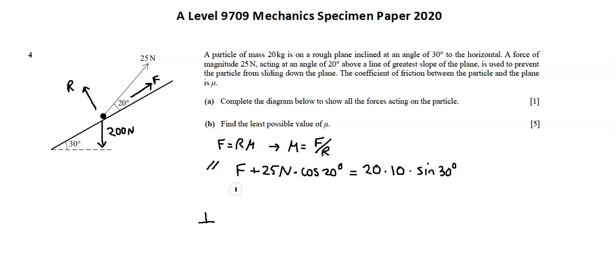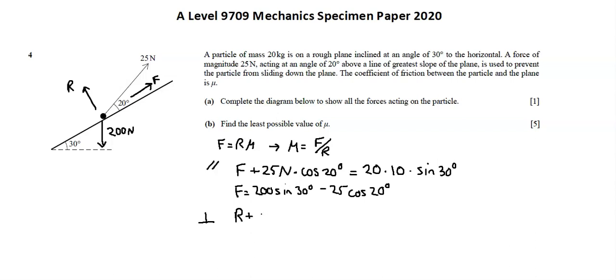I simplify to F equals 200 sine 30 minus 25 cosine 20.